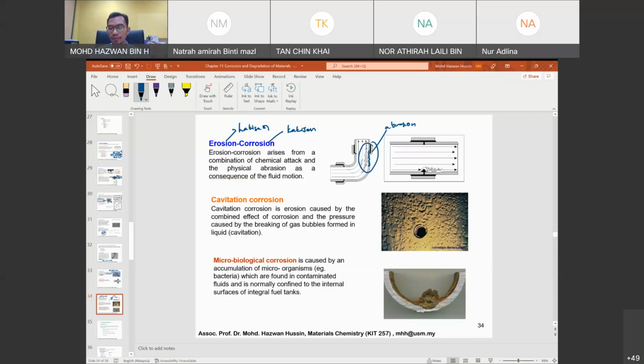If you put fluid at high velocity, the bubbles, oxygen or whatsoever, will travel together and stick on the surface. That is why over here you have cavitation, cavity.